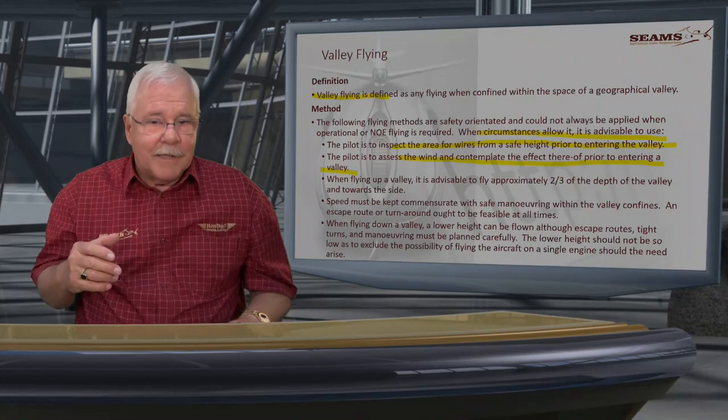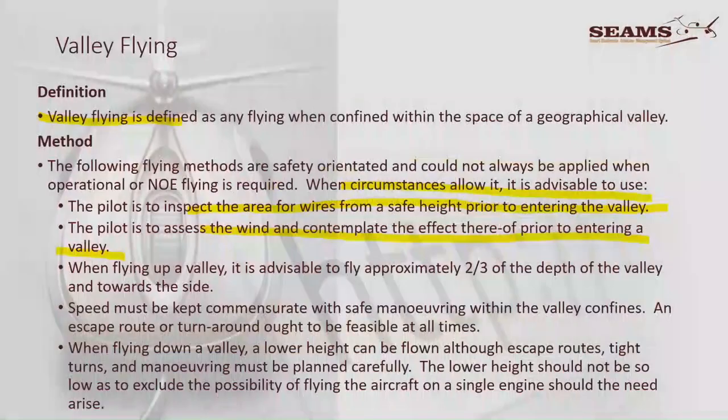Then you start paying attention to the cliff faces. When flying up a valley, it is advisable to fly at approximately 2/3 of the depth of the valley. The speed must be kept commensurate with safe maneuvering within the valley confines. An escape route or turnaround ought to be feasible at all times. I'm going to draw this just now a little bit more.